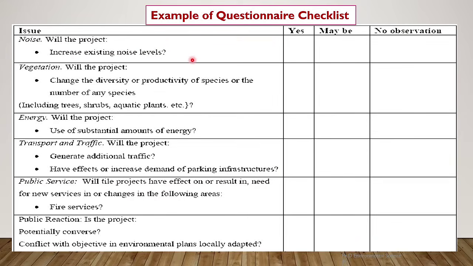This question assesses if the project will contribute to higher noise pollution in the area. Second is vegetation: will the project change the diversity or productivity of species or the number of any species? This question evaluates the potential impact of the project on local flora, including changes in species diversity and productivity.